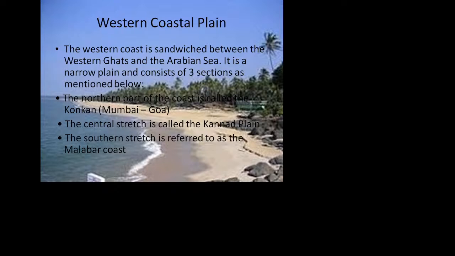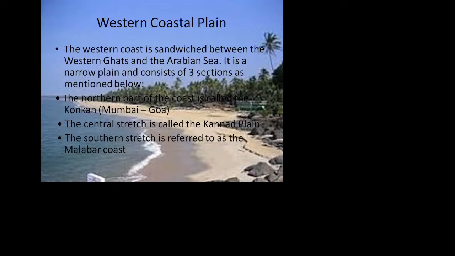In this area, enough farming activities take place in the fertile deltas of the east coast due to its rich alluvial deposits. Now in short, if I tell you about the western coastal plains, the points are: the western coast is sandwiched between the Western Ghats and the Arabian Sea.